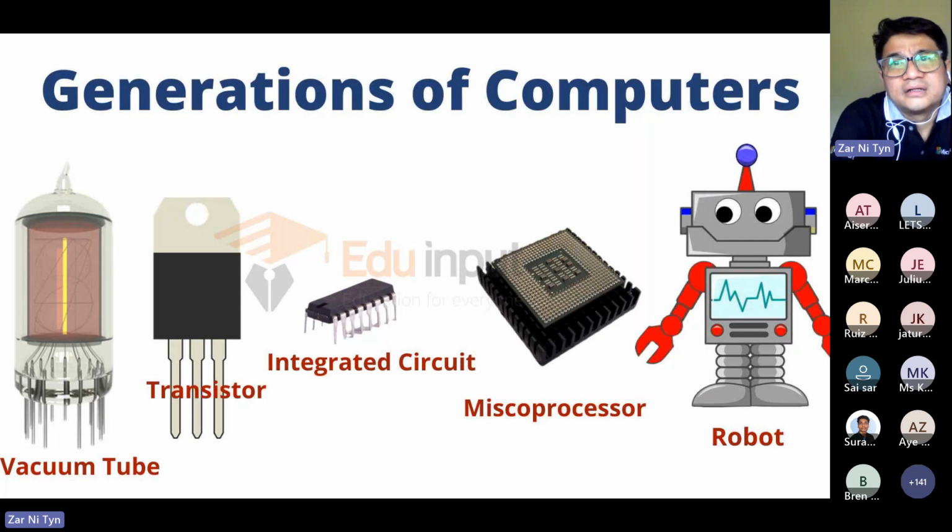This is a very short period, a very young period. Today cyber security is very important, but it has not existed for long. This is the computer timeline and computer history.